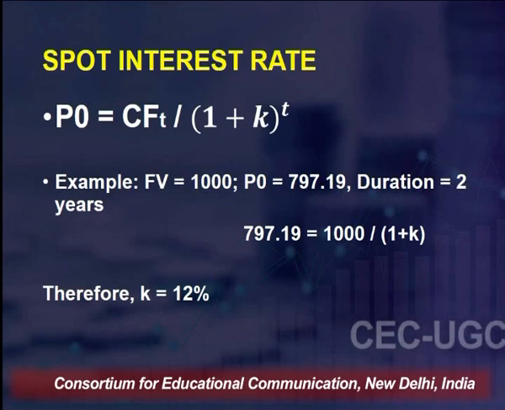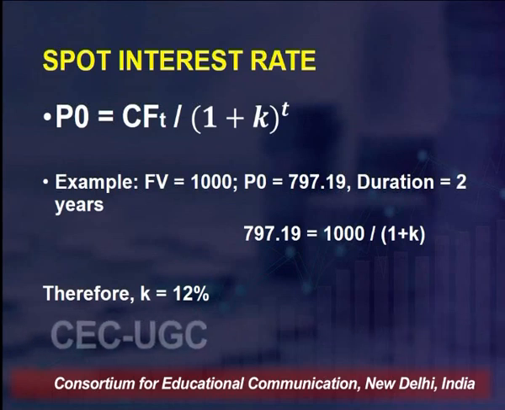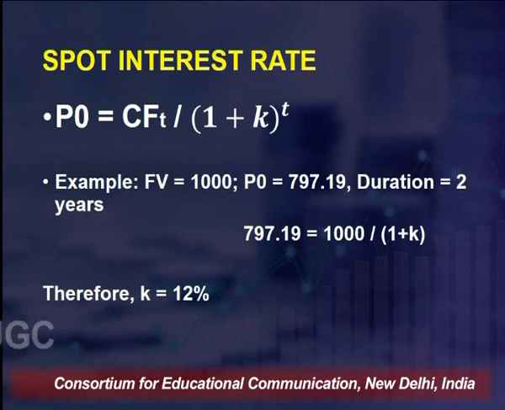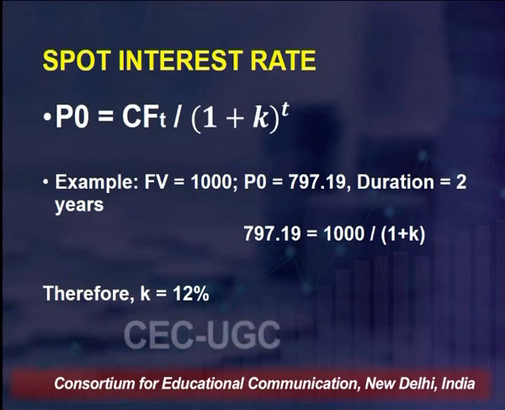Because this bond is available at a price of 797.19, it is equal to the face value, that is 1000, divided by (1 plus k) raised to the power 2. So, in this case, the value of k, or the return or interest rate, comes out to be 12%.